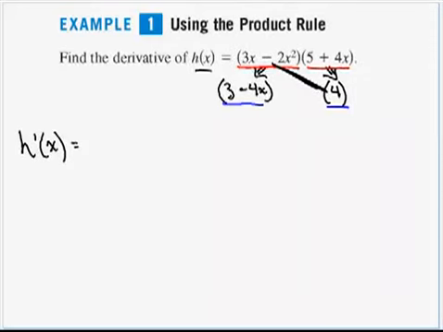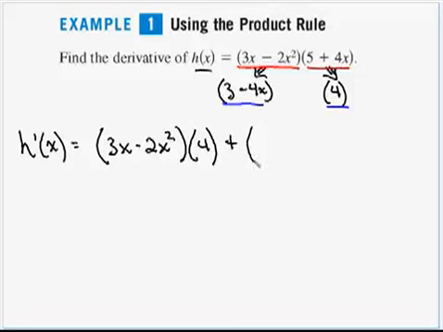First function and the derivative of the second. So this is going to be quantity 3x minus 2x squared. That's my first function times the derivative of the second, which is 4. Plus the second function, and now I'm sort of cross-multiplying on the other diagonal. 5 plus 4x times the quantity 3 minus 4x.